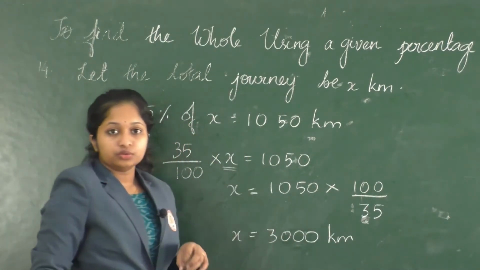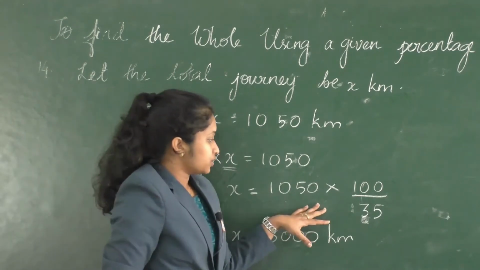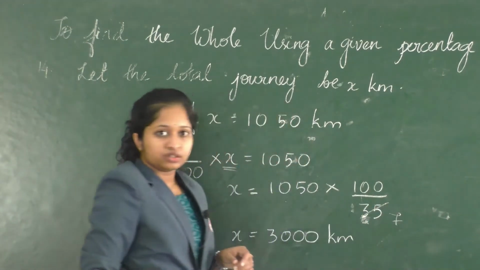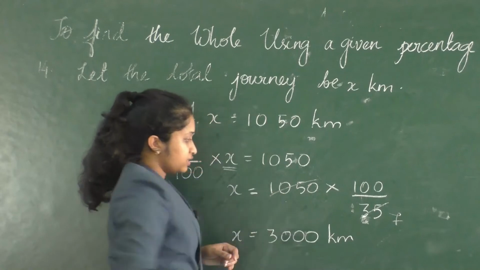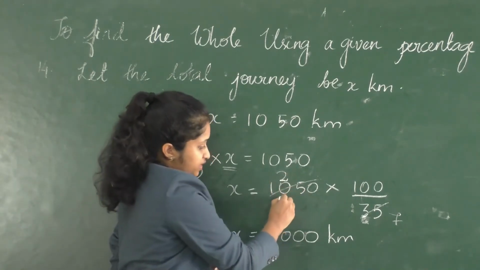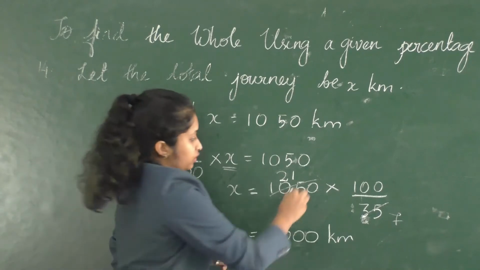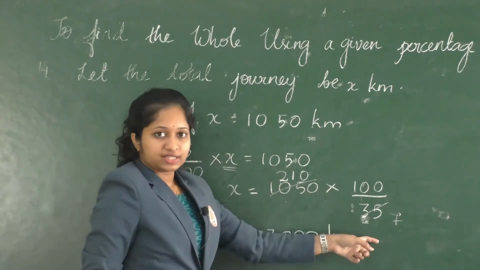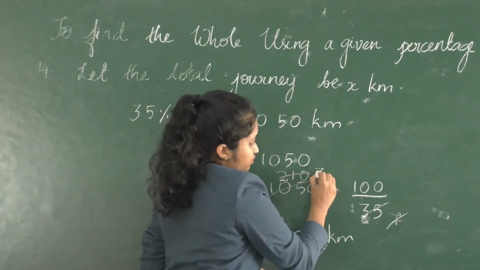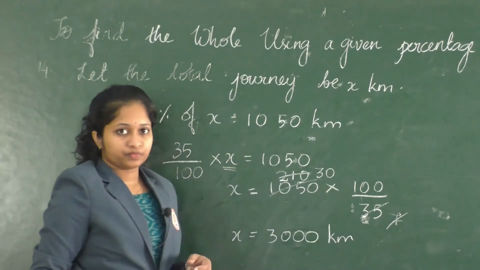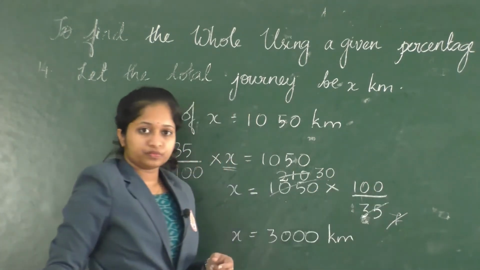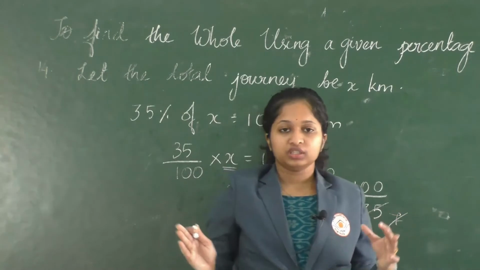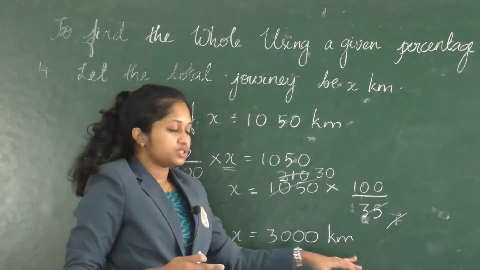Now let's do calculations using the cancellation method. 7 fives are 35, we can cancel this. 2 fives are 10. Now we can cancel, and 7 threes are 21. Now 30 into 100 is 3000 kilometers. So the whole journey is 3000 kilometers.